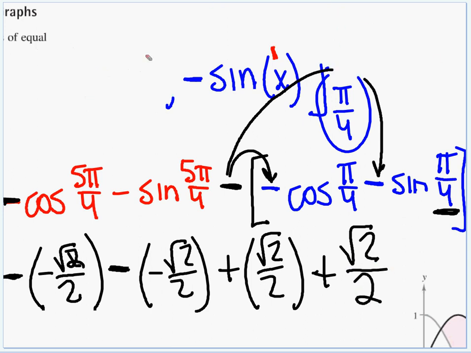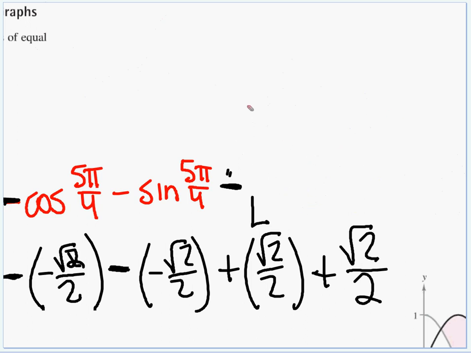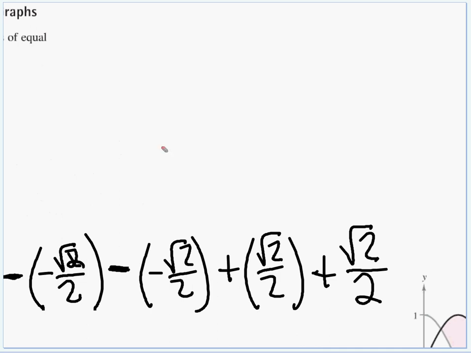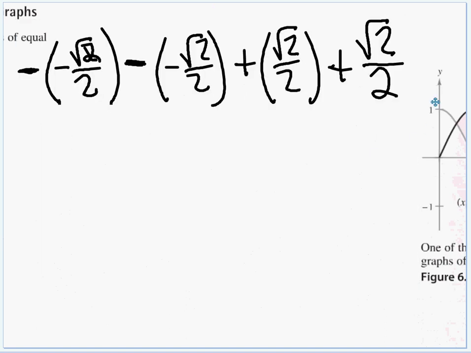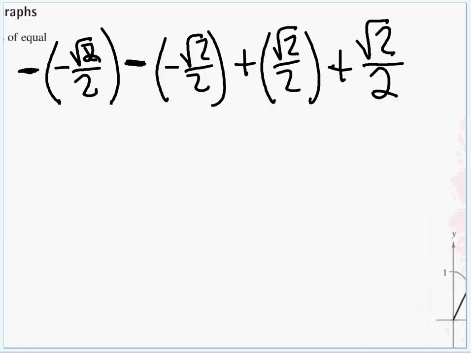So let me get some of this out of the way. There we go. So let's see. And right here at the beginning also, this minus the negative, that's going to turn to a plus. Same thing here. Minus a negative is going to turn into a plus. So look what we got here.